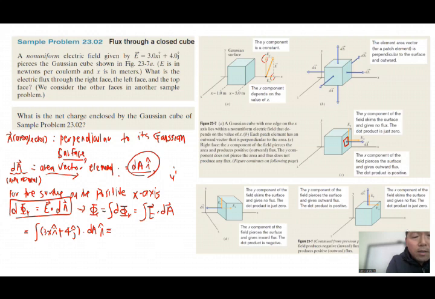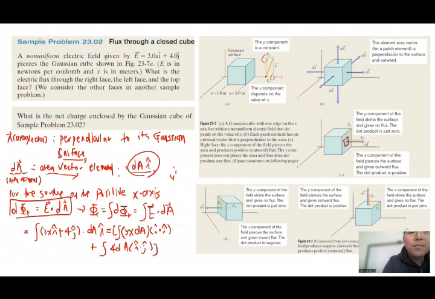That is the integral of 3x dA times i dot i, plus the integral of 4 dA times i dot j.